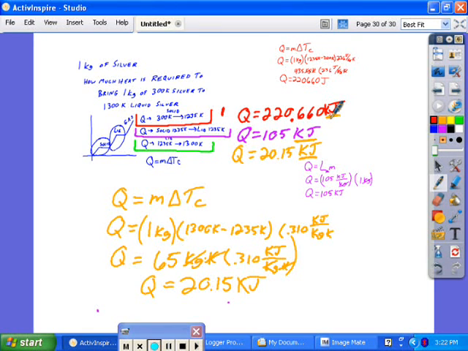So I get out my calculator again here, add these 3 numbers, 220 plus 105.